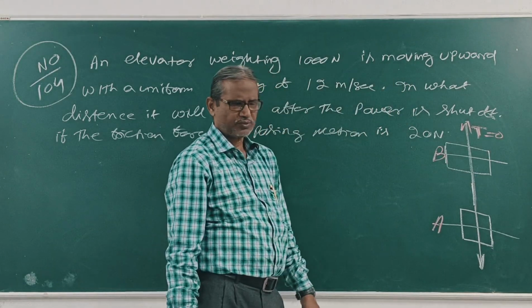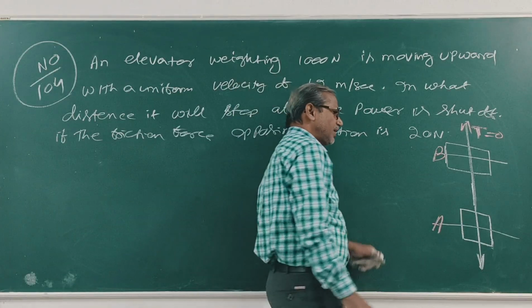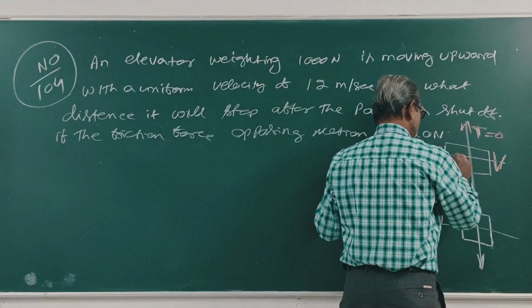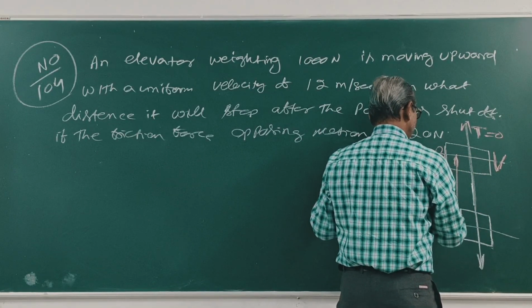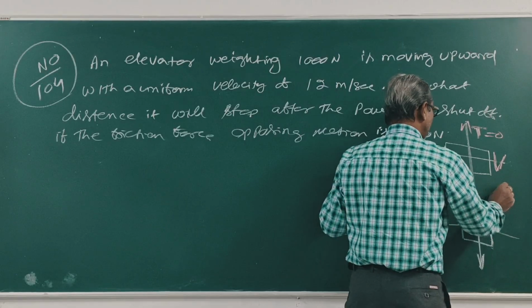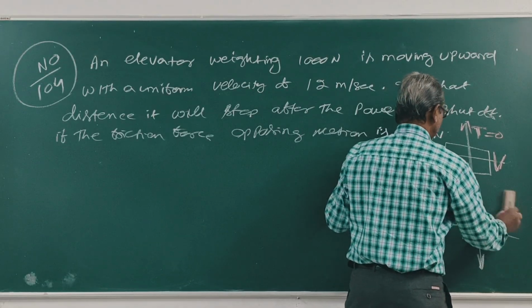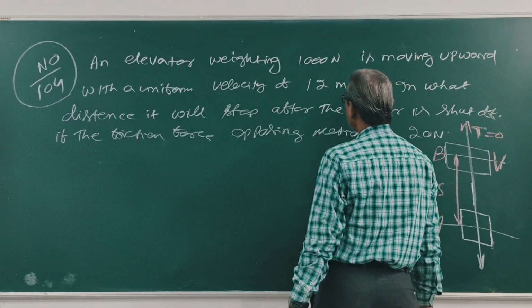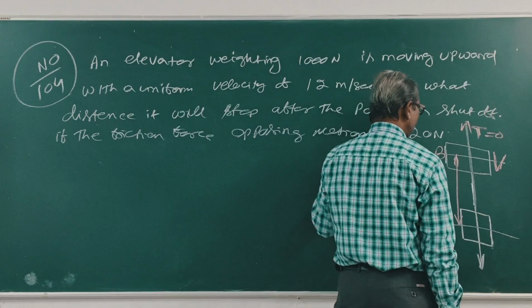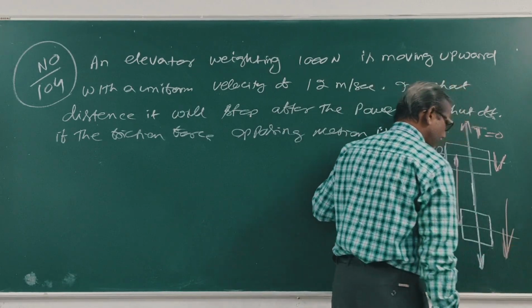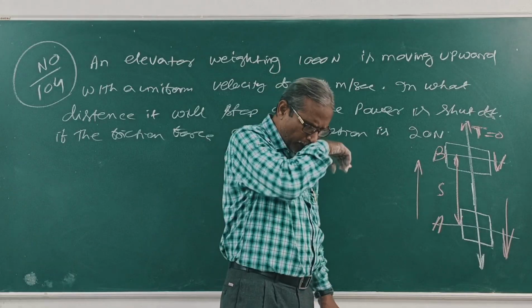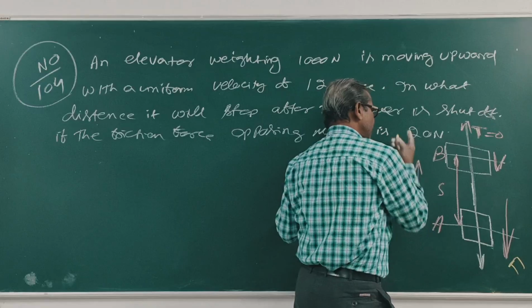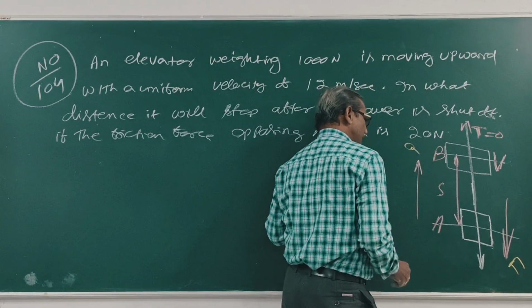At B, its velocity is V. The distance covered is S from A to B. The elevator moves in the upward direction, and the frictional force opposing motion is 20 Newton. This is frictional force F, F is equal to 20 Newton. The body moves upwards, so acceleration is upwards and MA is acting downwards.